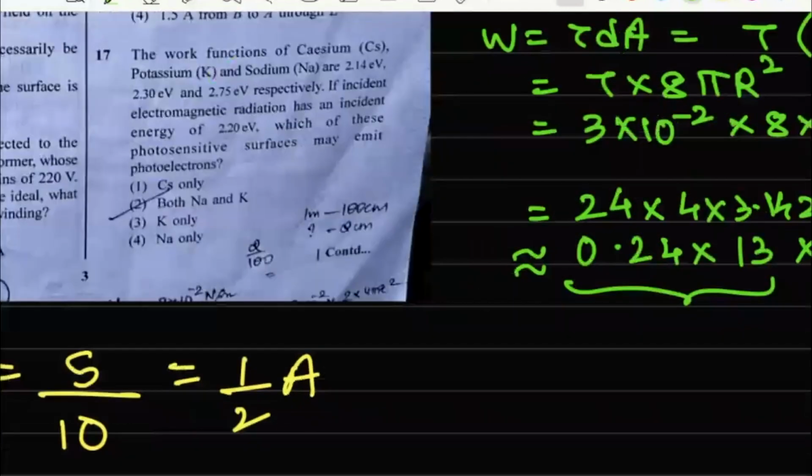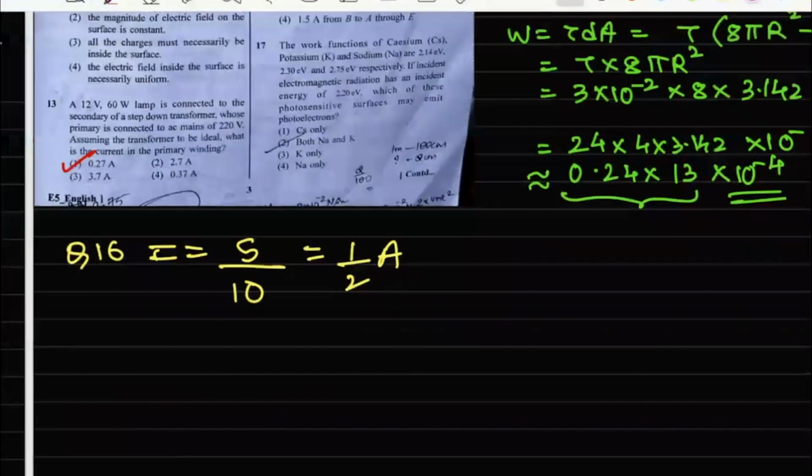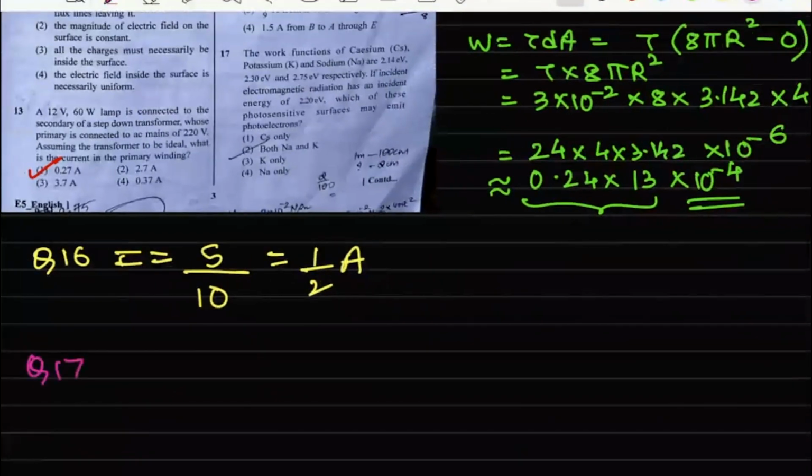So, okay, number 17. The work functions of cesium, potassium, and sodium. Okay, so these numbers are given to us. Cesium work function is 2.14 eV.